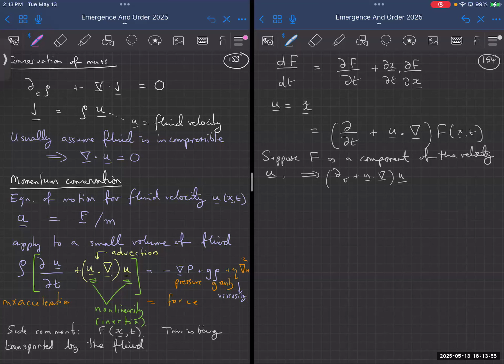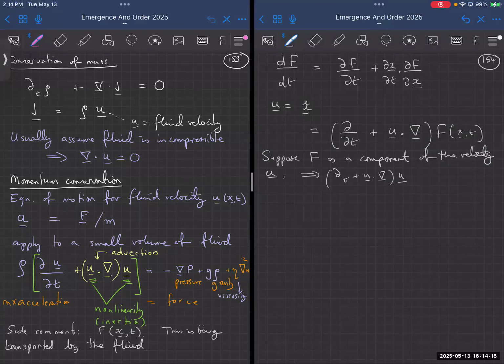So that's where this comes from. Now we're going to use this equation again, not just to see how the velocity field advects, but also how temperature advects. So this applies to any quantity that is being transported by the fluid. So that's the equation of motion.